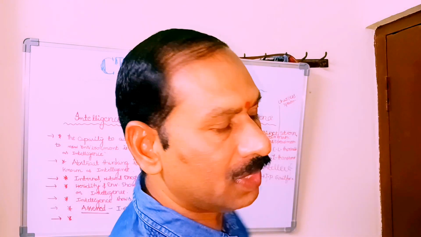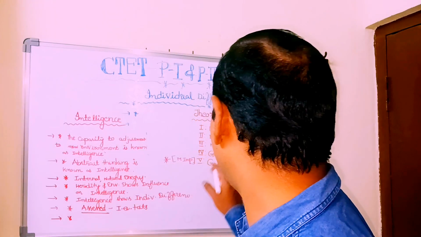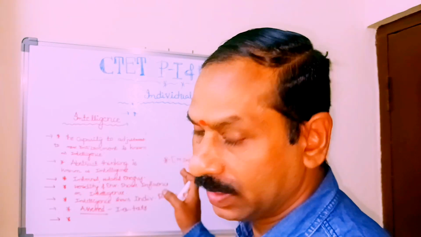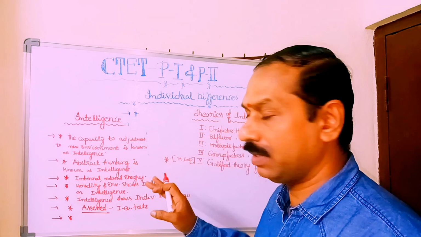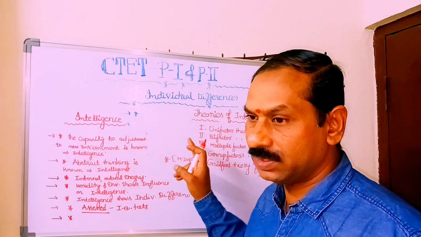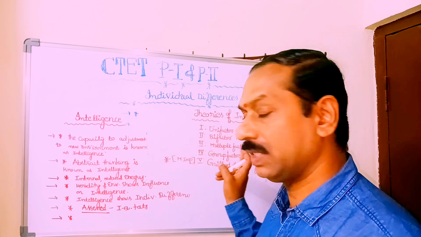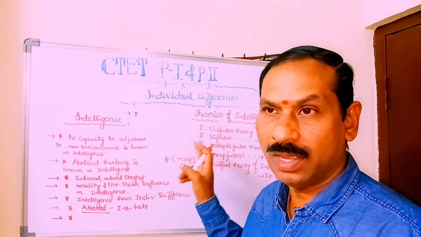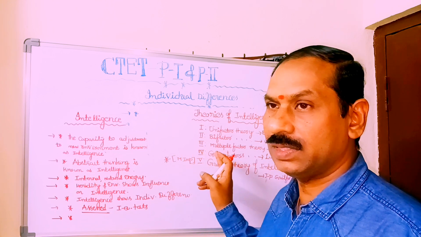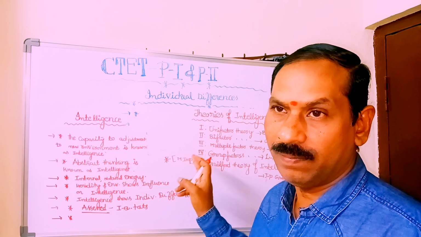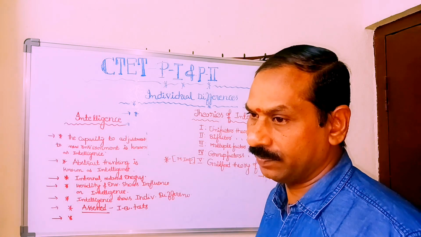So, theories of intelligence: unifactor theory, bifactor theory, multifactor theory, group factor theory, and Guilford theory of intellect. Unifactor theory was introduced by Binet, Stern, Terman; bifactor theory by Charles Spearman; multifactor theory by E.L. Thorndike; group factor theory by L.L. Thurston; and Guilford theory by J.P. Guilford.